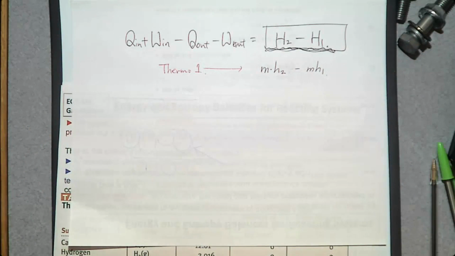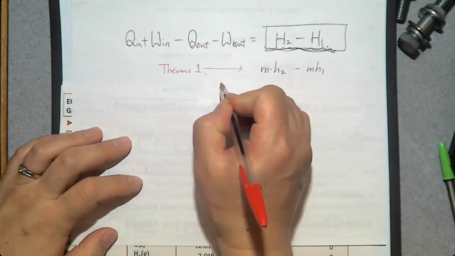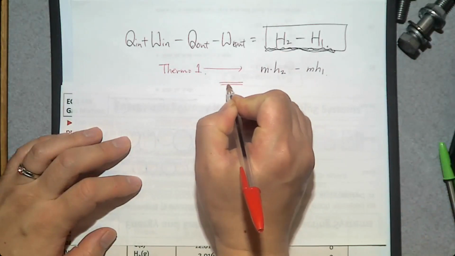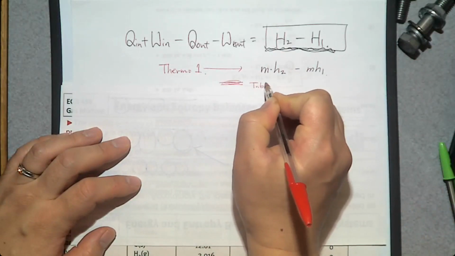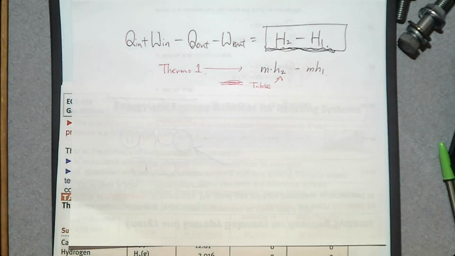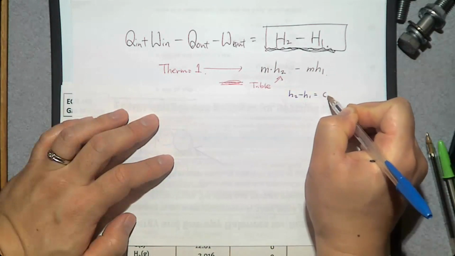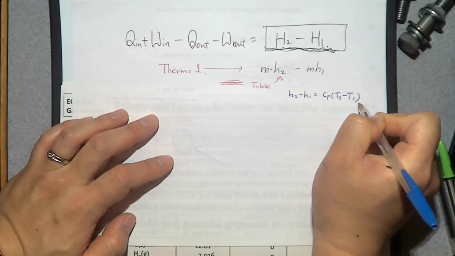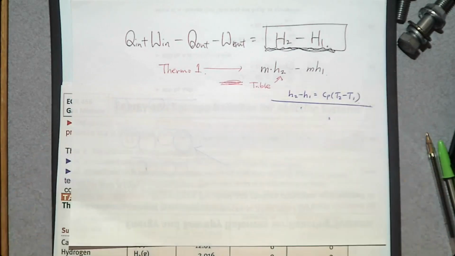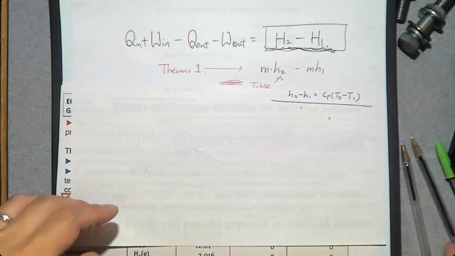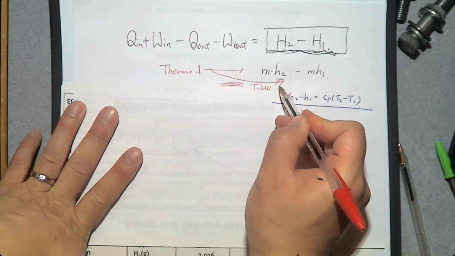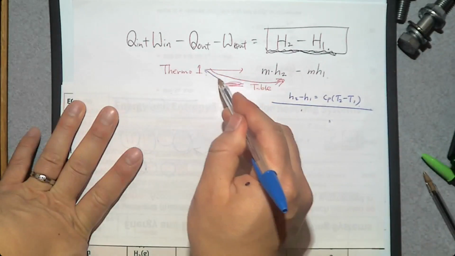If it is a phase change material, then we use a property table, a steam table, to determine this H. If it is a pure system, we use specific heat. So H2 minus H1 is Cp times (T2 minus T1). That's what we studied in Thermo 1. If it is phase change material, we use a table. If it is pure material, we use this specific heat.